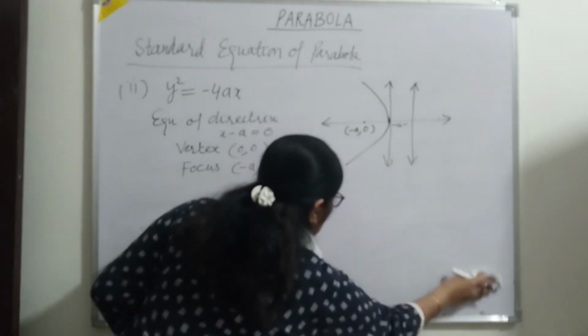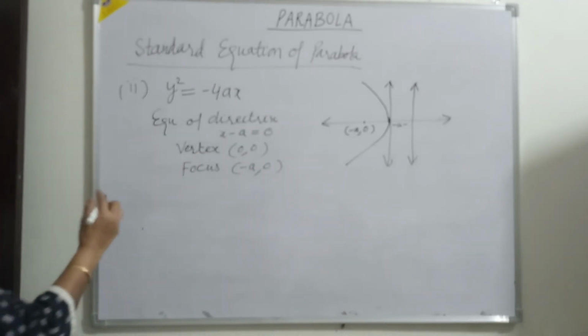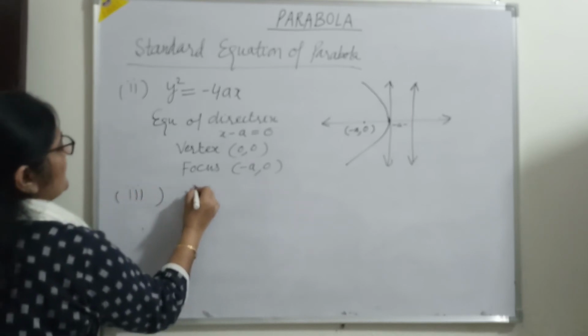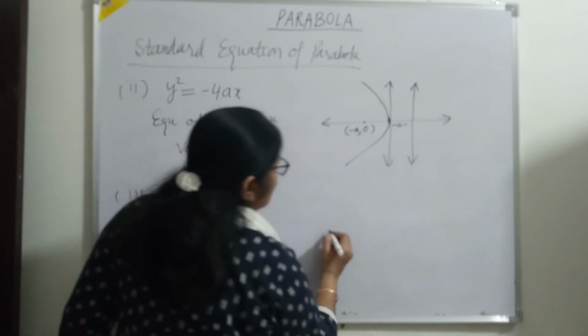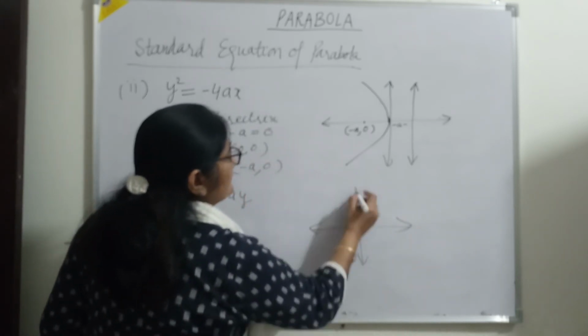We can also derive the equation of this parabola. Now, the third is x² = 4ay. What is the shape of this parabola?